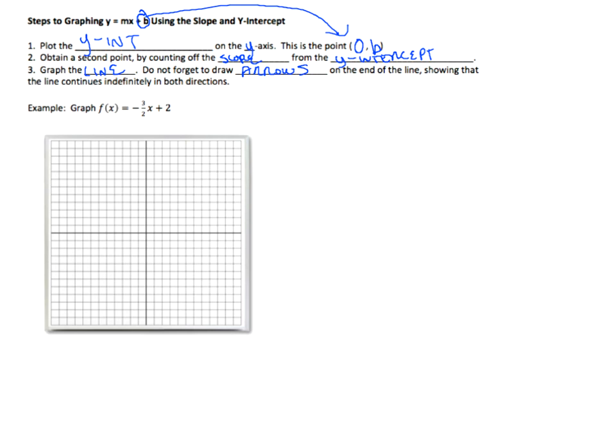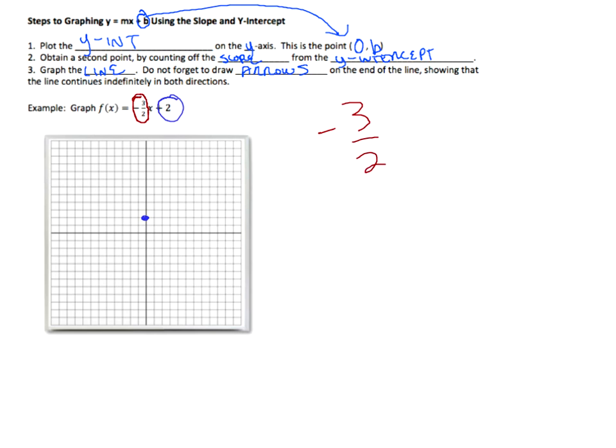So, my slope is negative 3 halves. My y-intercept is 2. So following these steps, I plot my y-intercept, positive 2, on the y-axis. From there, I have negative 3 halves.